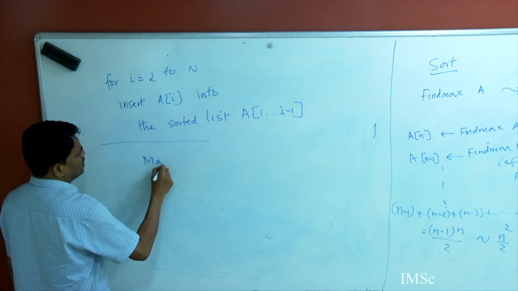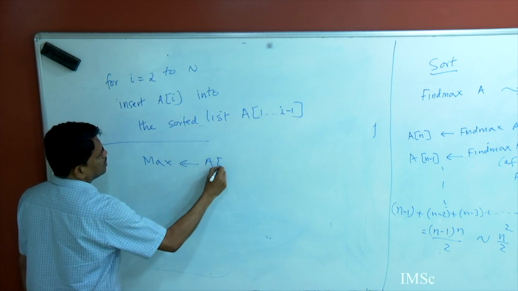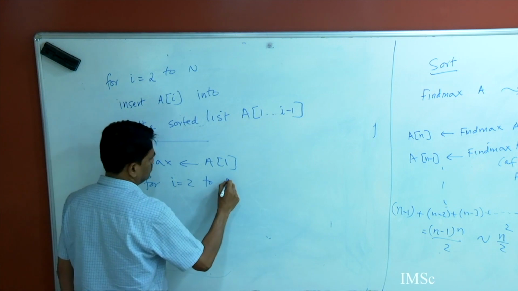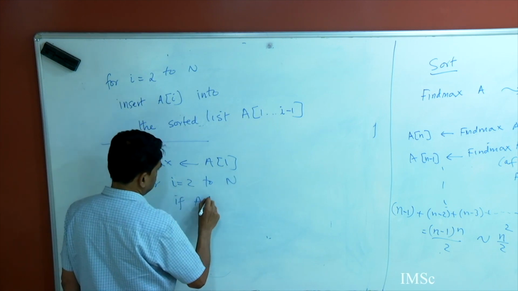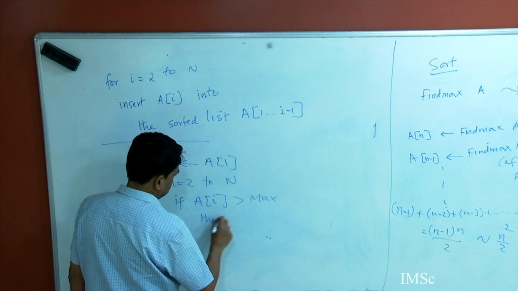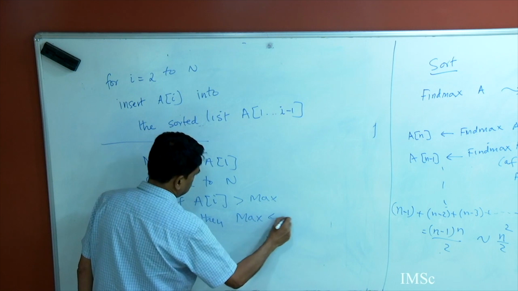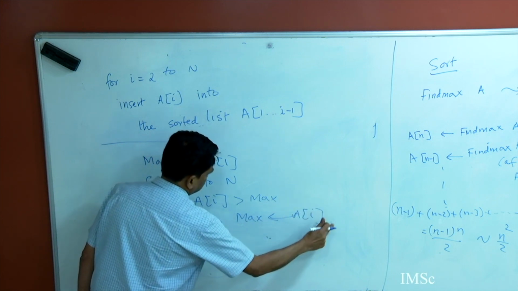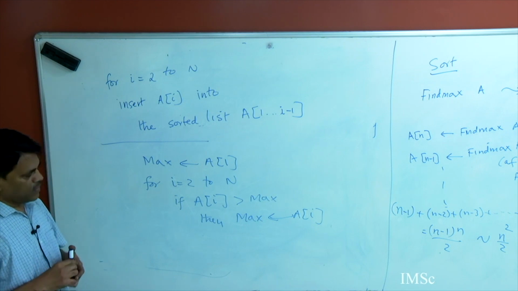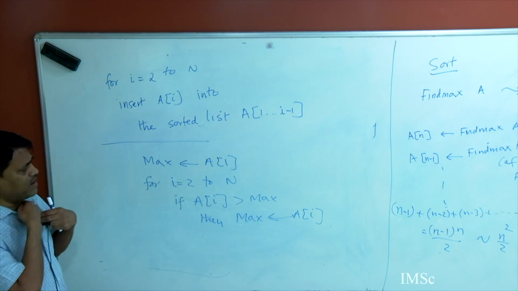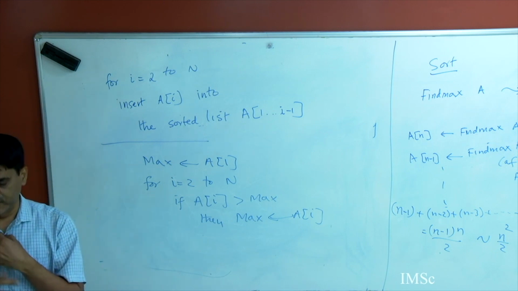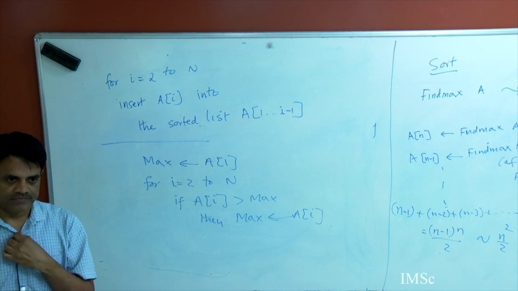So this was the algorithm, right? How do you prove that at the end of the algorithm, max contains the maximum of the entire input?